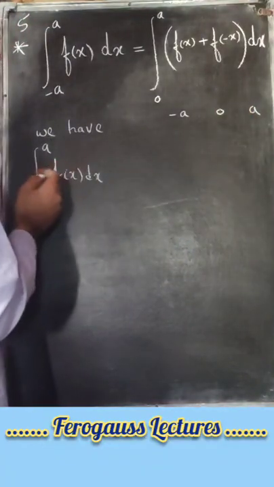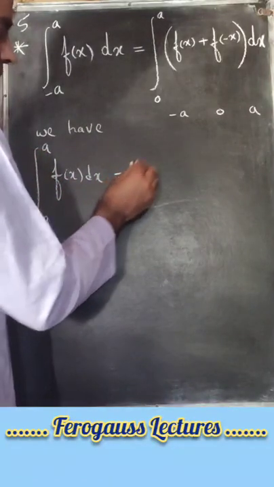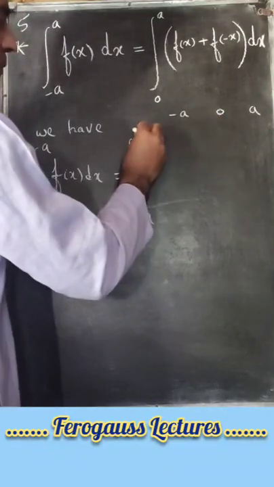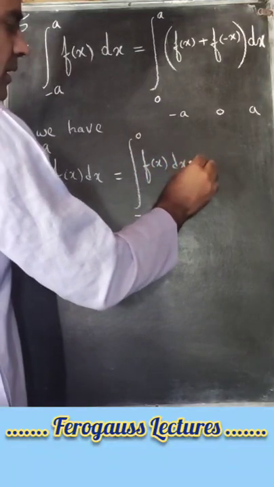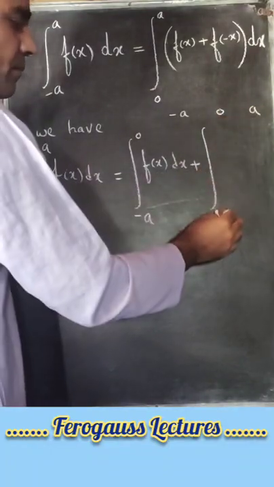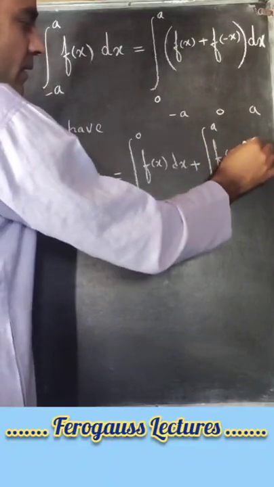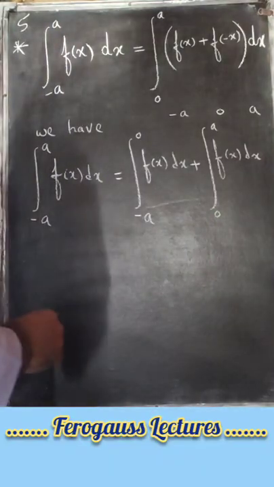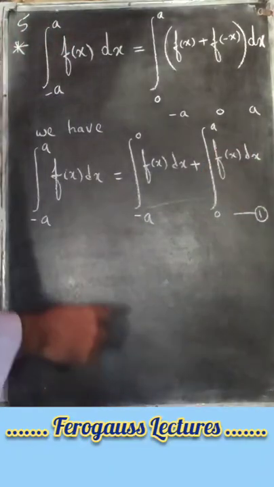So we can break this integral from -a to a of f(x) dx as the integral from -a to 0 of f(x) dx plus the integral from 0 to a of f(x) dx by property number 3 of definite integrals. Now we name this as equation first.